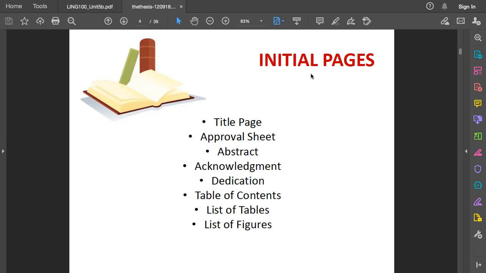From there you can browse through the theses of the graduate or undergrad students and see the pattern or technical format that they have used for these parts.